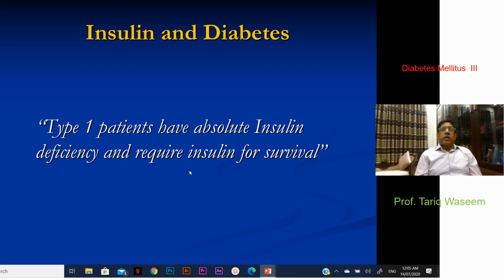A word about insulin. The type 1 patients, of course, we may call them insulin dependent. Since there is total insulin lack or insulin deficiency, they require insulin for survival.